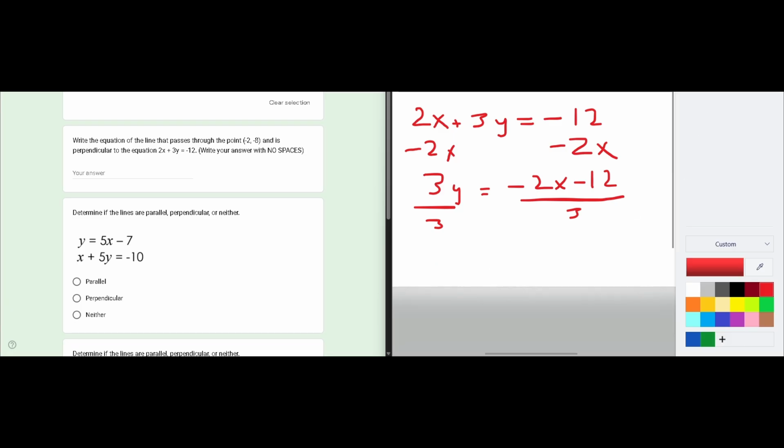So by subtracting 2x from both sides to get 3y by itself, we will have now 3y equals -2x minus 12.